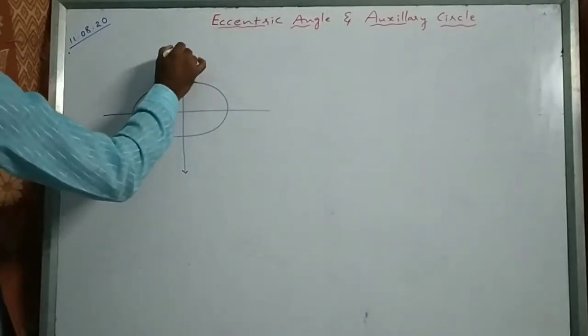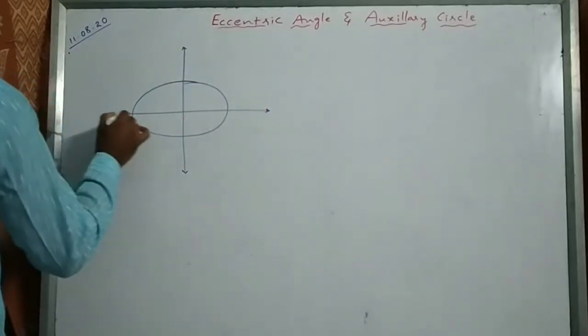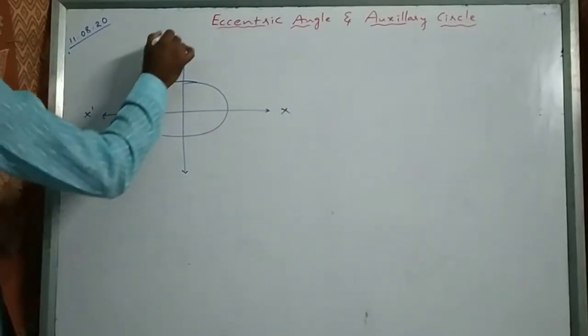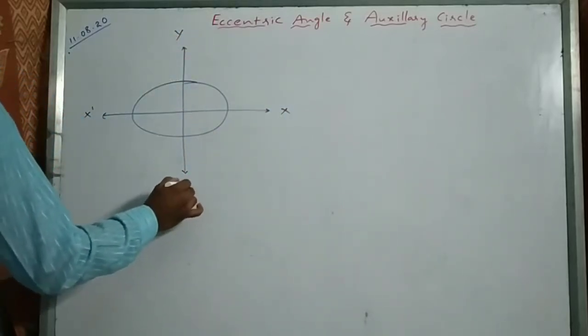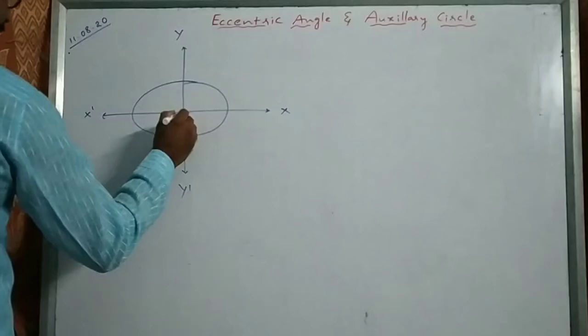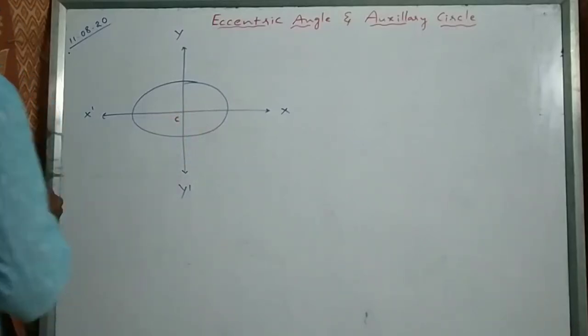So this is an ellipse. X dash, y dash. Okay, this is the center of the ellipse, C.